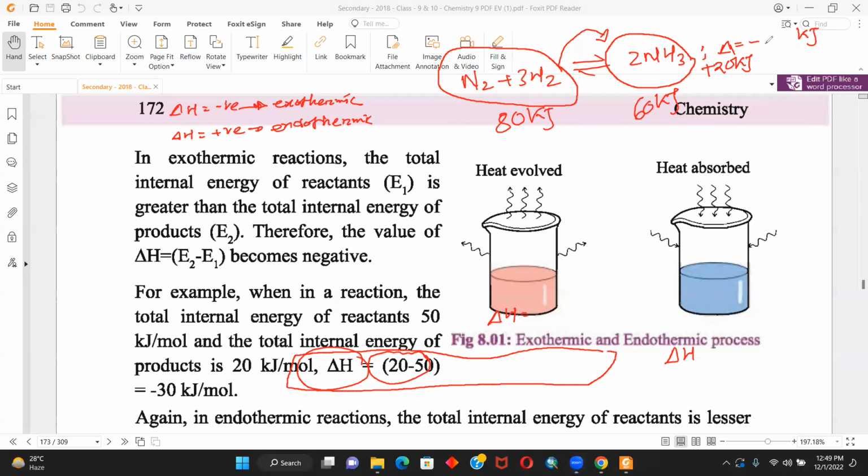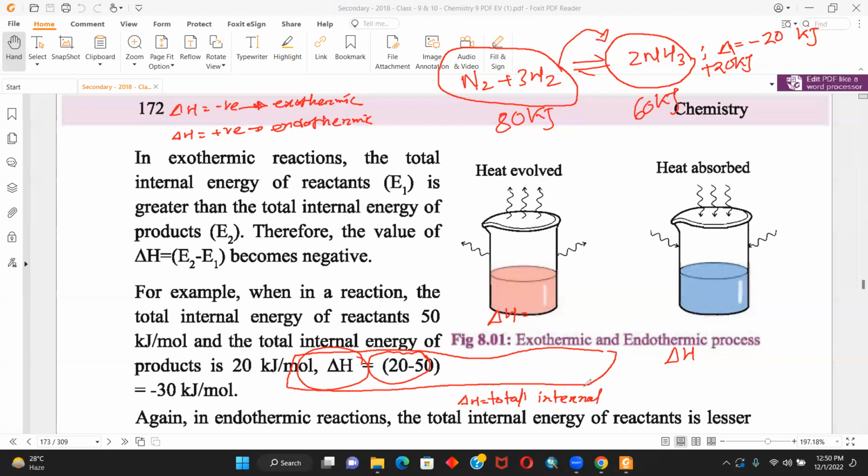Now, what is the definition of delta H? That will make things clear for you. The delta H definition is that it is the total internal energy of the products minus the total internal energy of the reactants. Okay, write it down. Delta H equals total internal energy of products minus total internal energy of the reactants.